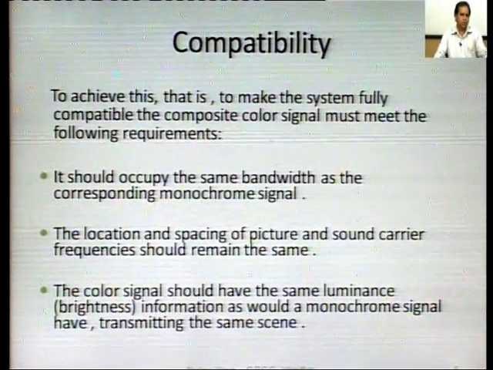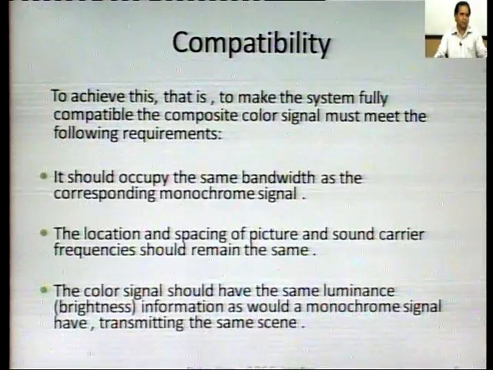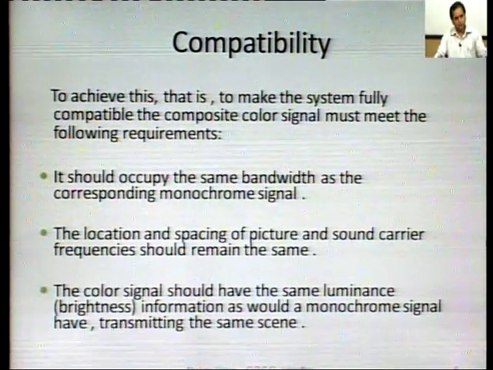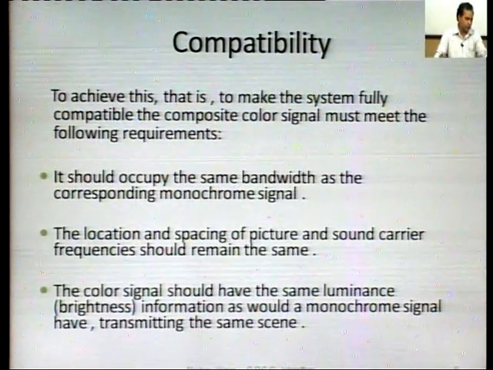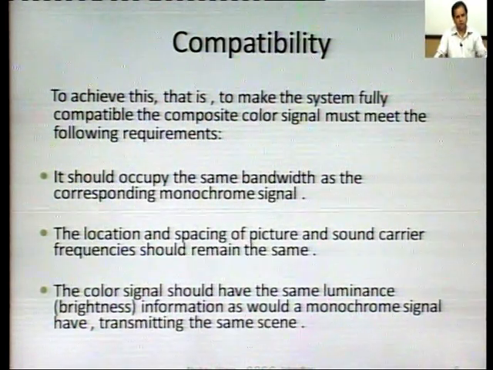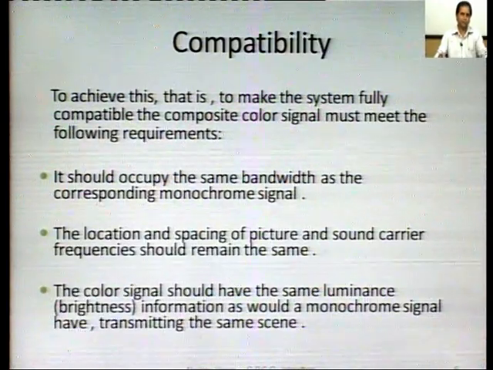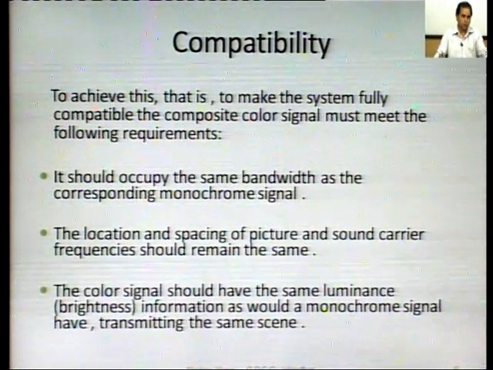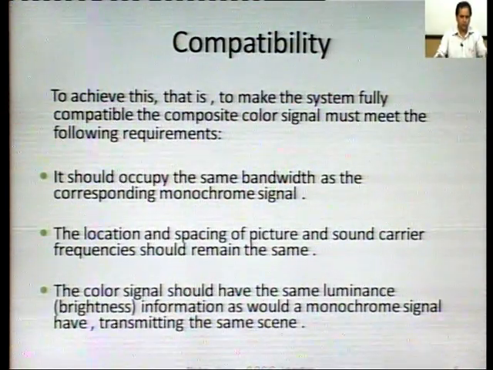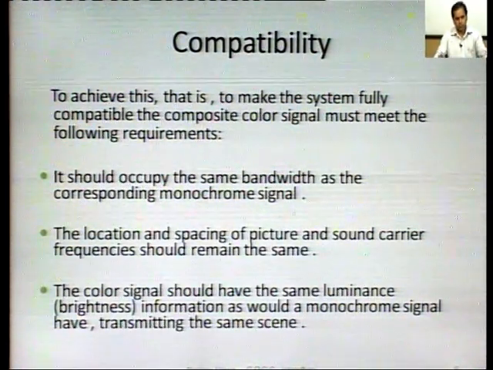It means it should be located at the same place where it is located when it is monochrome. The only difference between monochrome and color is that the color information is multiplexed with the monochrome signal. So, the location of other signals should remain the same.